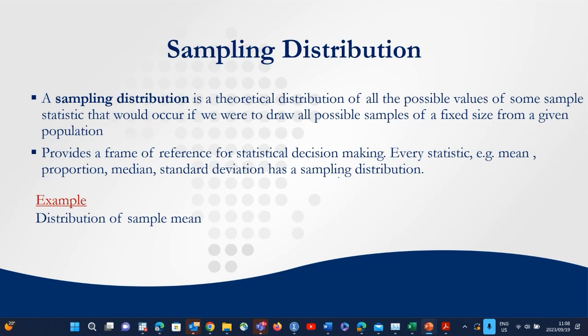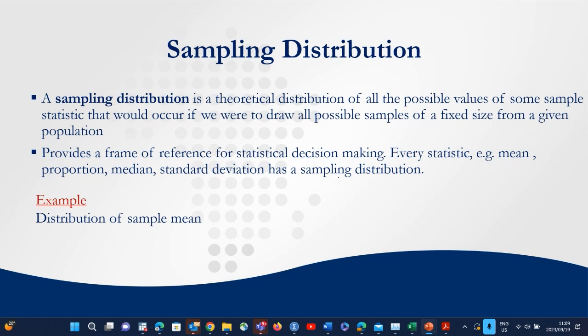That is why when we do inferential statistics, you come across parametric and non-parametric. You hear that this is a parametric technique or a parametric test, because if it's parametric, then it means that there are assumptions around the distribution of the sample statistic.